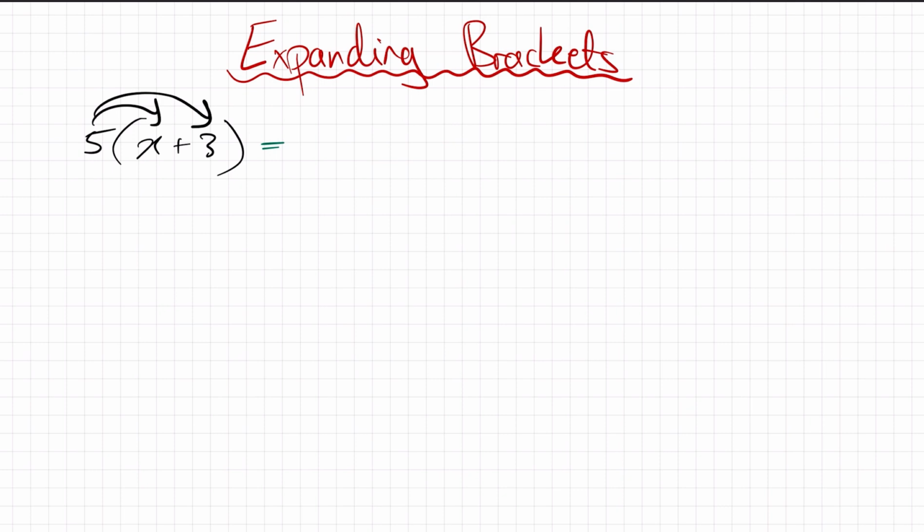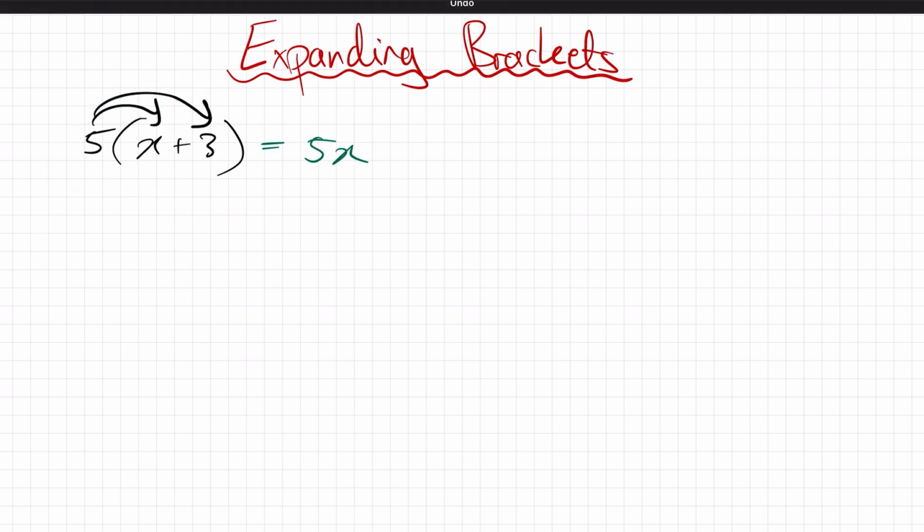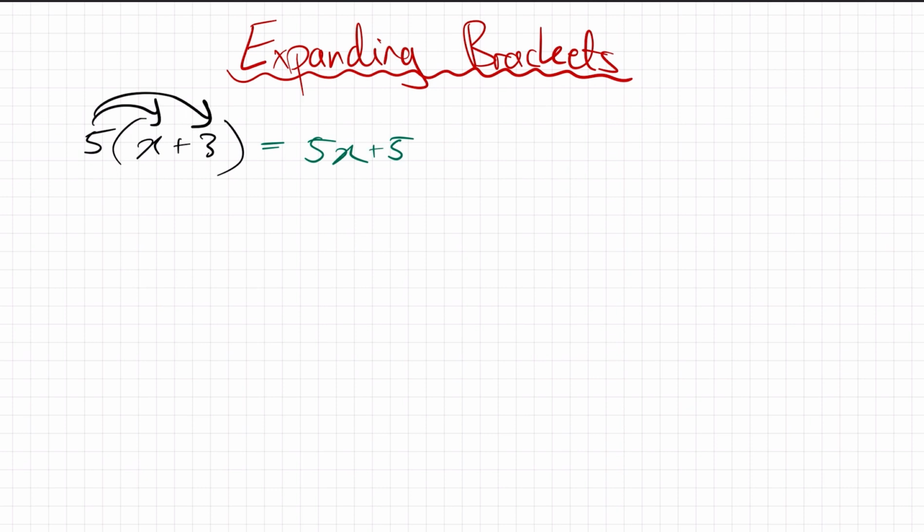So that's going to give us 5x when doing the first one, plus 5 times 3, which just comes out to 5x plus 15. That was a simple example, but it works for pretty much everything else. So we want to essentially take each term and multiply by every other term in the brackets.